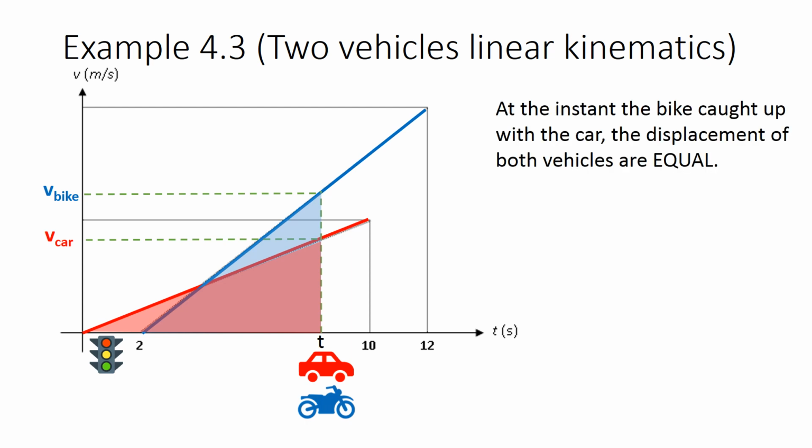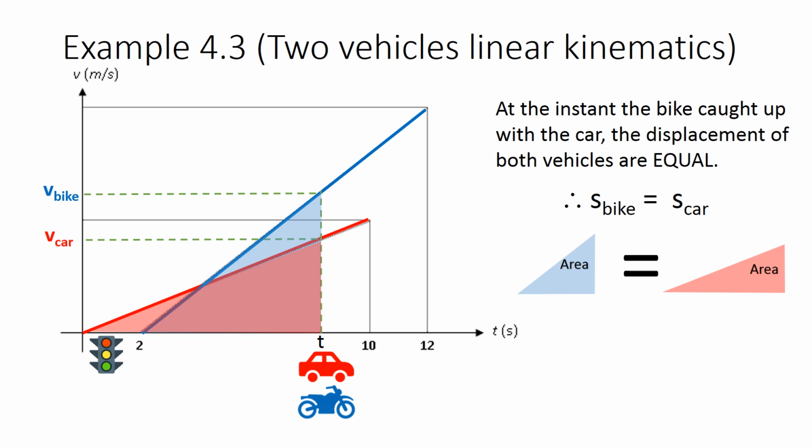So for both vehicles to meet side by side, the displacement must be equal. That implies that the displacement of the bike must be equal to the displacement of the car. And from the VT plot, we see that the blue area must be equal to the red area.